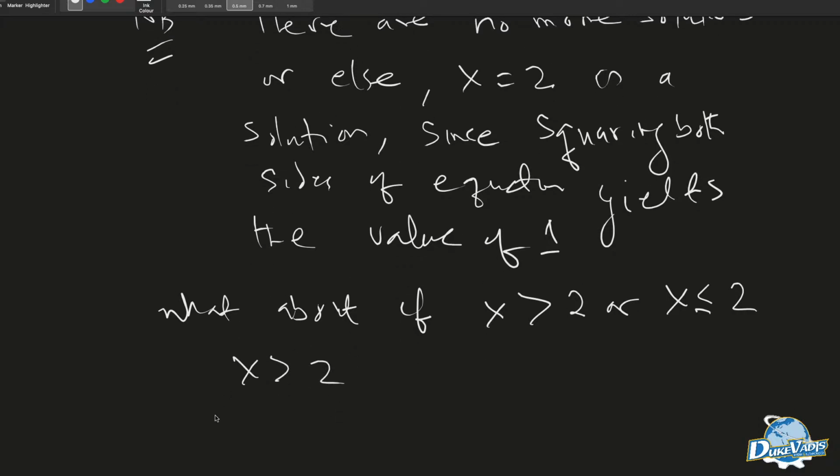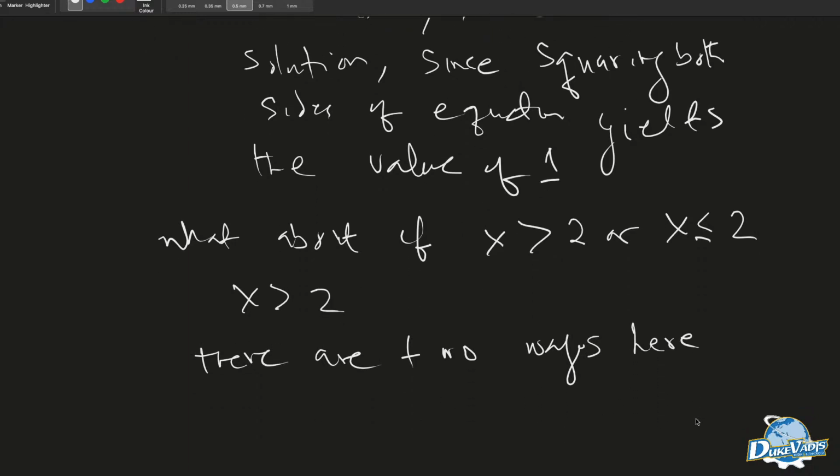There are 2 ways actually. Let's look at them both. I'll write it down for you to remember. So let's look at both cases.